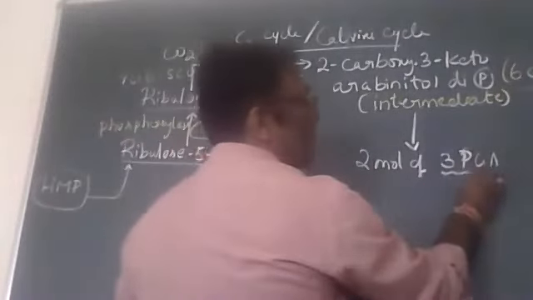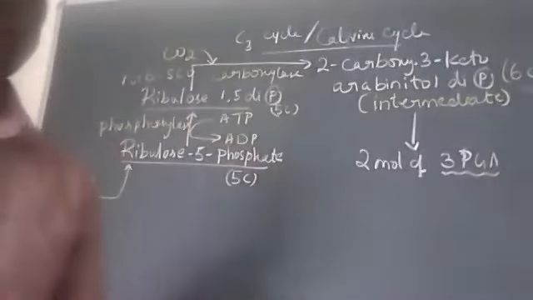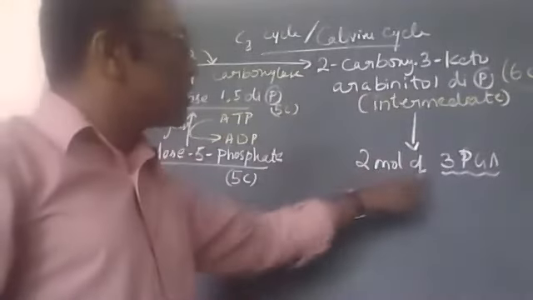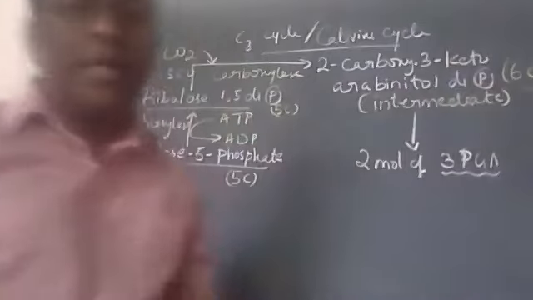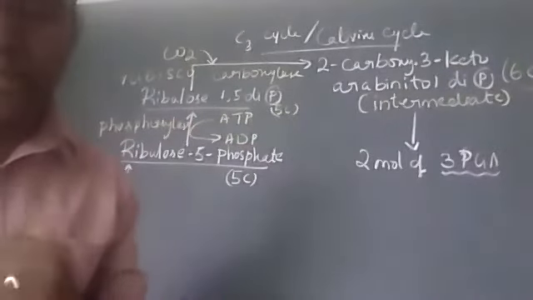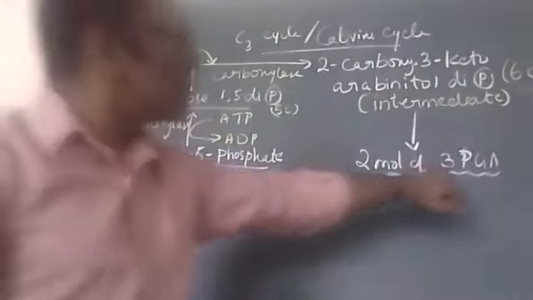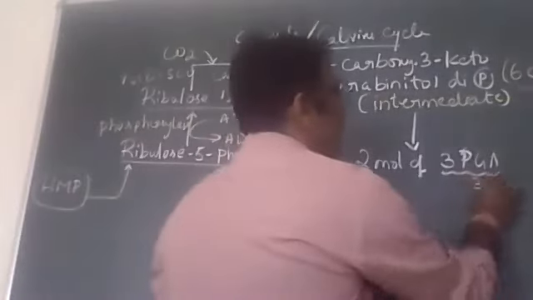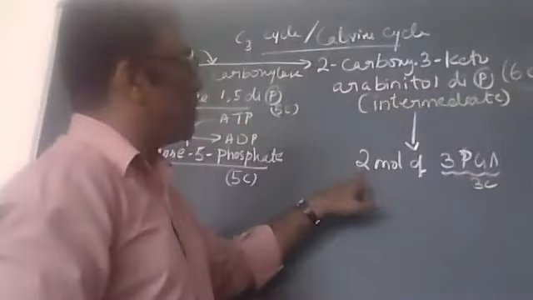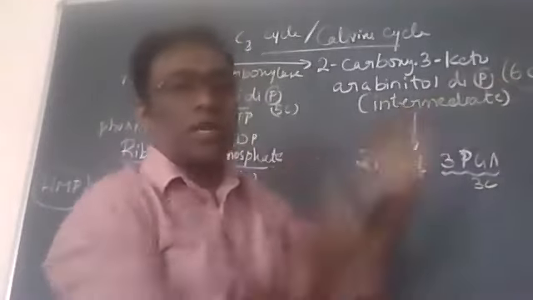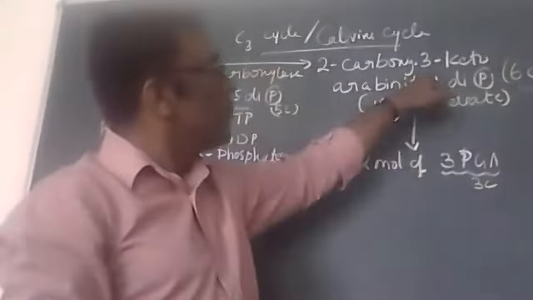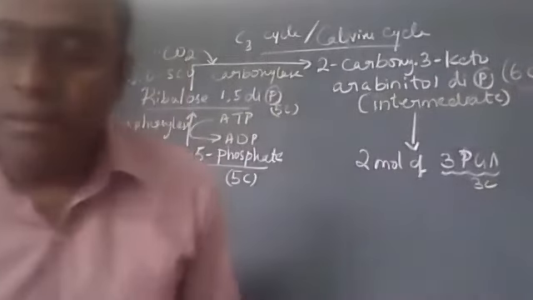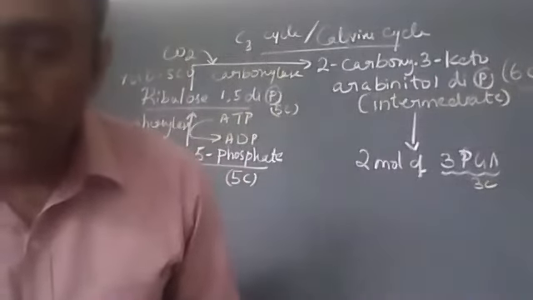How many carbons will 3-PGA have, tell me? 3 carbon, very good. So 2 molecules means it satisfied 6 carbon totally? Yes. Just write 3 carbon here. 3 carbon into 2 means 6 carbon. This compound got split into 2 molecules of this. Are you clear? Yes, sir.